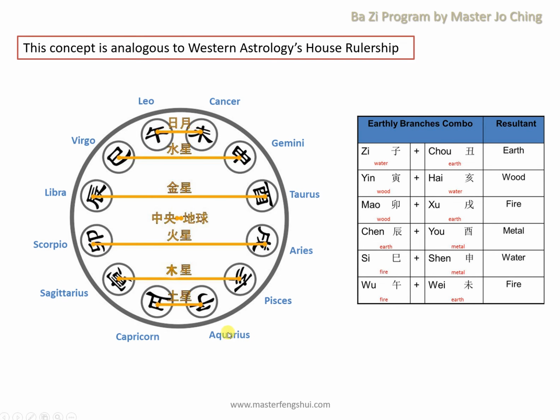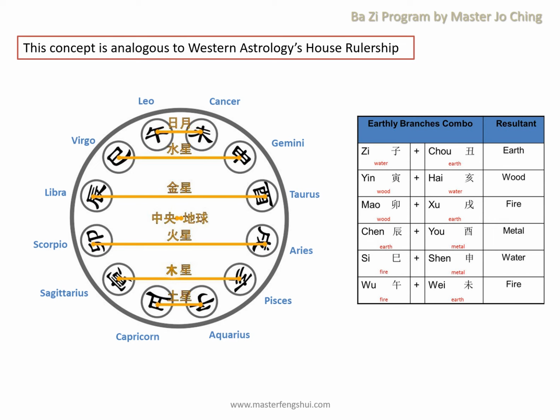So for us, we have, let's say, Earth in the middle, and we are surrounded by planets. So the ancient masters also sliced it up into 12 sectors and labeled them using the 12 earthly branches in terms of months.